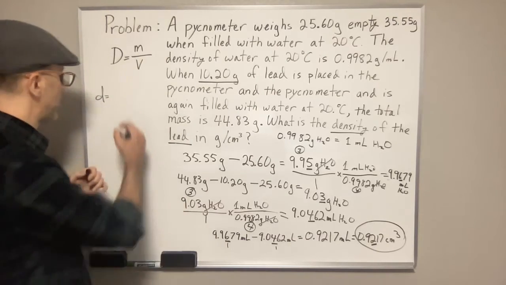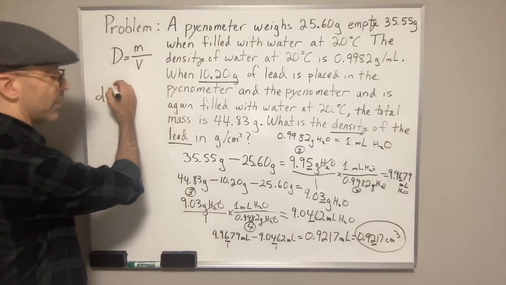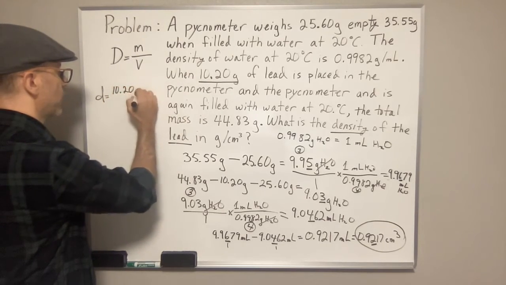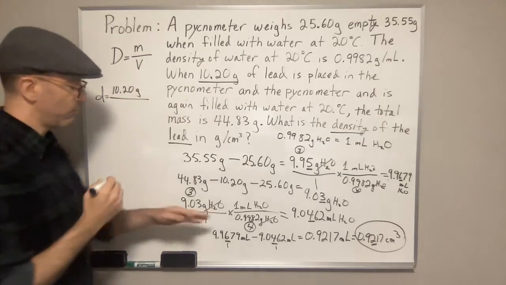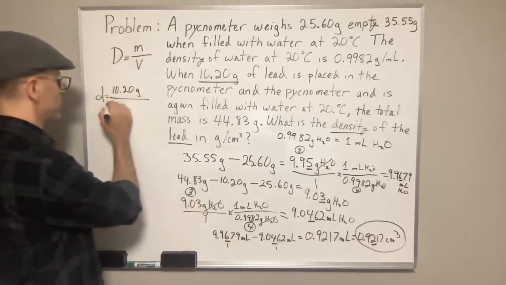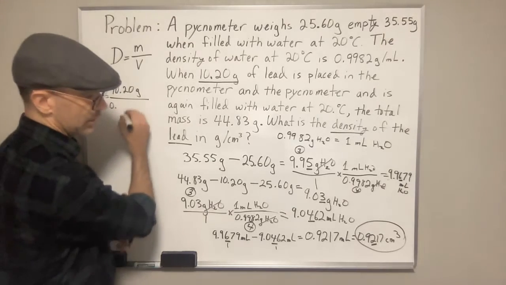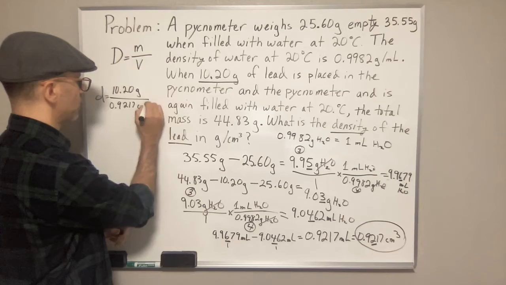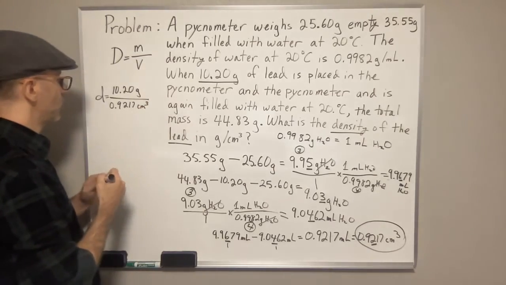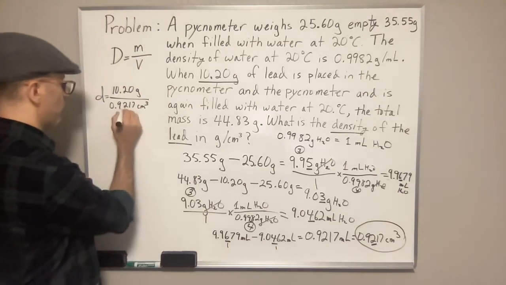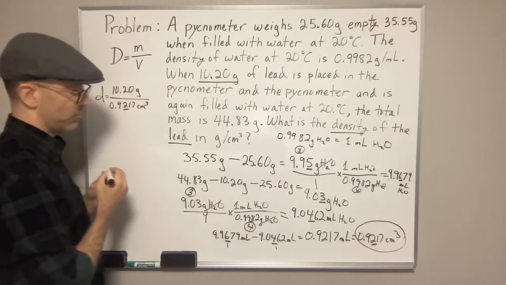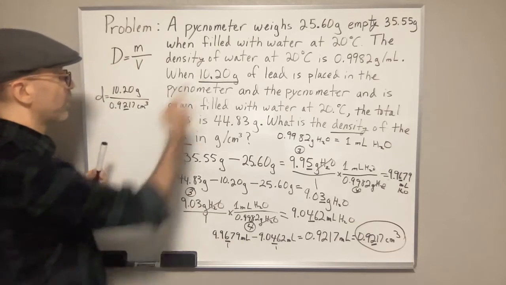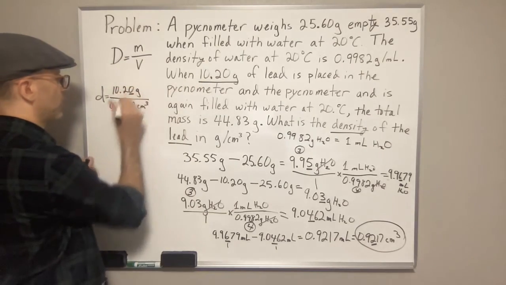So now we have our last step. We're going to take the mass, 10.20 grams, divided by the volume that we got, 0.9217 centimeters cubed. Again, for the mass we're allowed only up to the 2 as a sig fig, and for the volume we're allowed up to here.